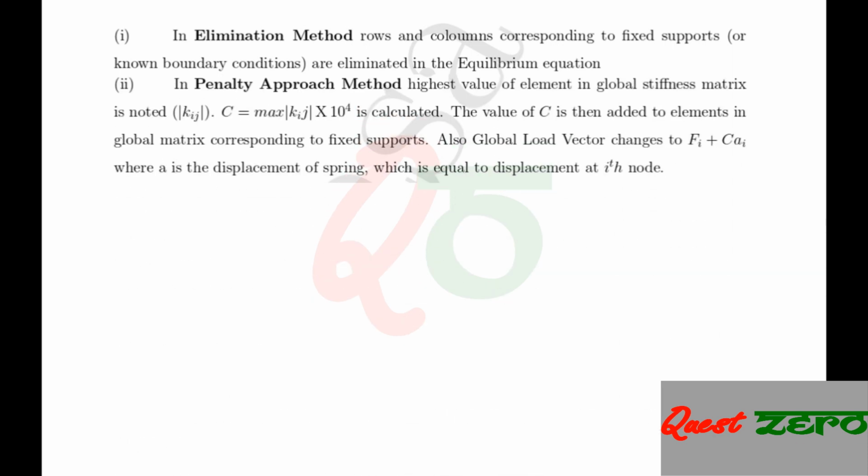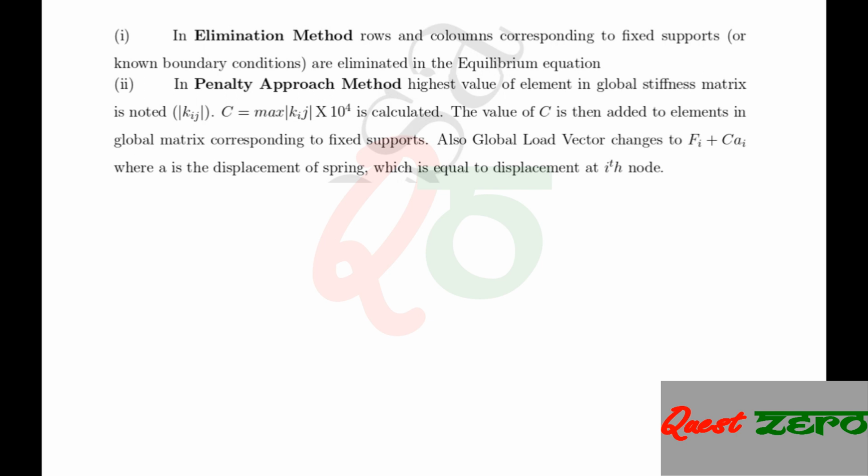The penalty approach method is slightly different, wherein in the global stiffness matrix we will note down the element which has the maximum value, and then we calculate capital C, which will be equal to the highest value element in the global stiffness matrix multiplied by 10 to the power of 4.